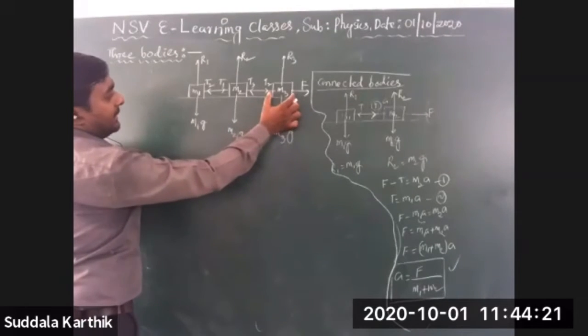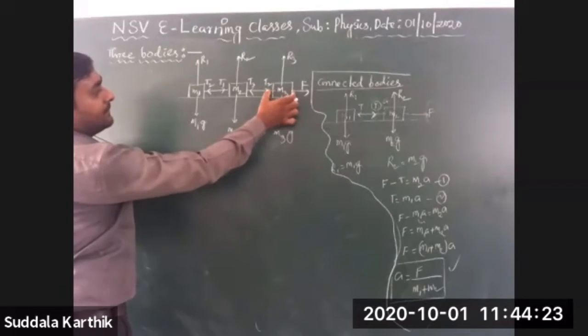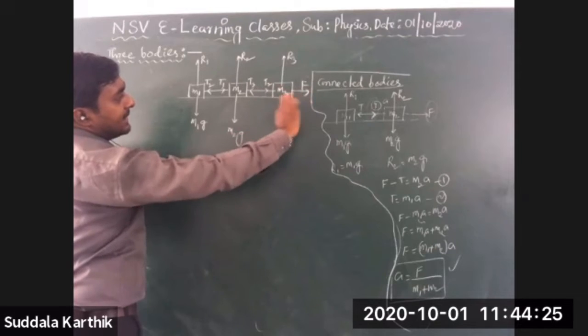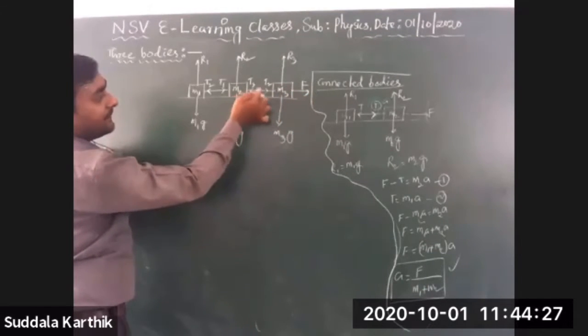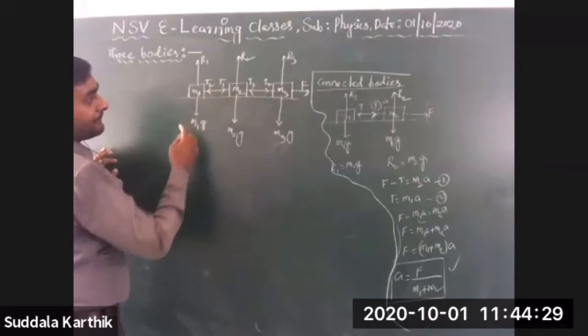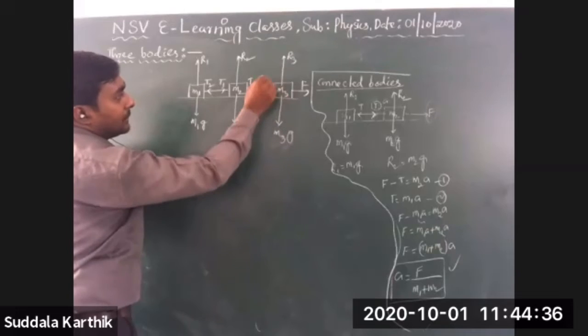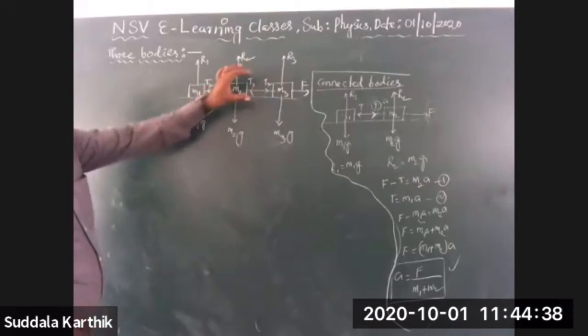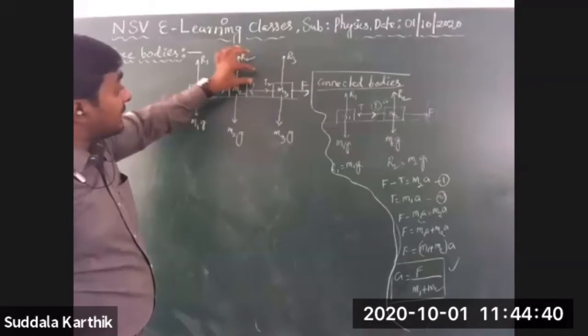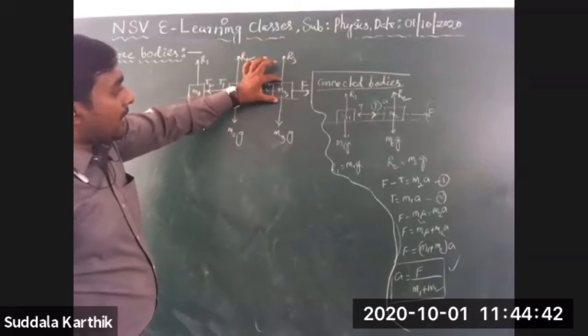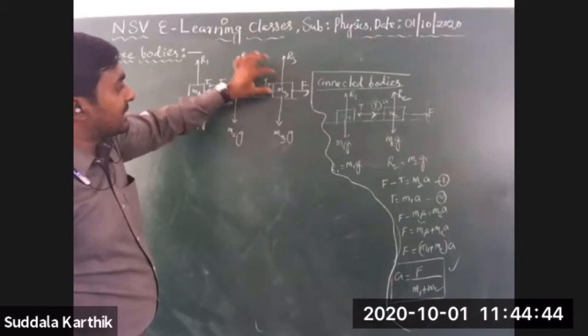First of all, I am calculating at mass M3. F force is acting in this direction, T3 force is acting in this direction. T3 is acting on which body? The third body. So you can neglect this one, because it is acting on this one, not on this one. On the third body, which forces are acting?